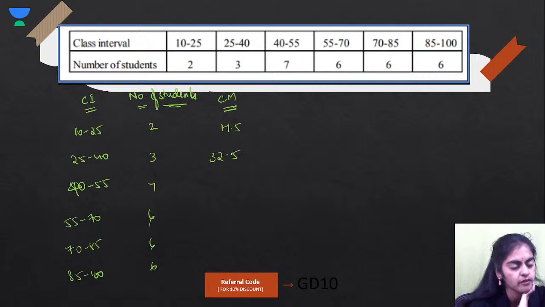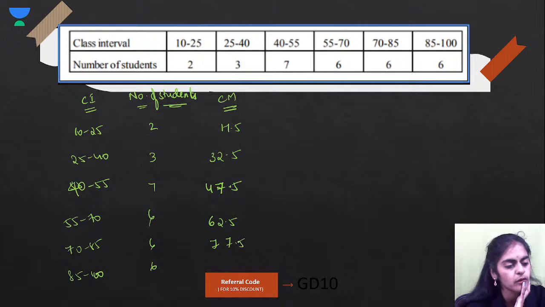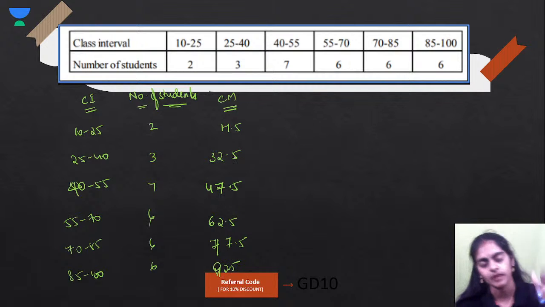This is 32.5. This is 47.5. Then 62.5. Then 77.5. And then 92.5. Okay.